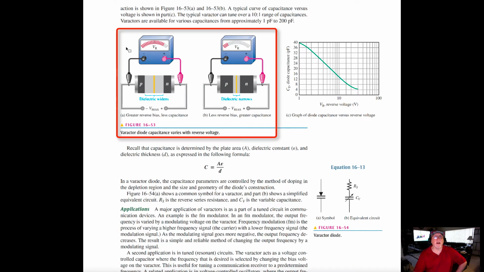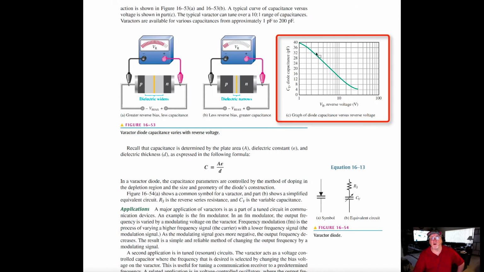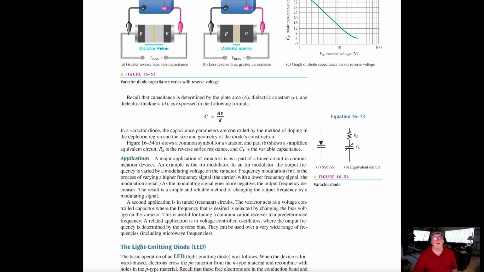So we can see in the diagrams here what's going on as we change the bias in terms of what happens with the regions. The dielectric widens and we end up with more or less voltage drop across the diode as we change the bias. And here is the graph of what's going on with diode capacitance in picofarads versus the reverse voltage.